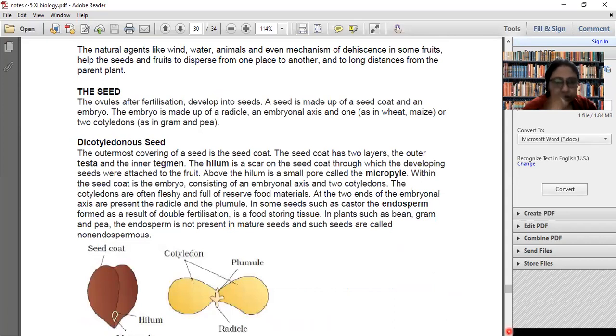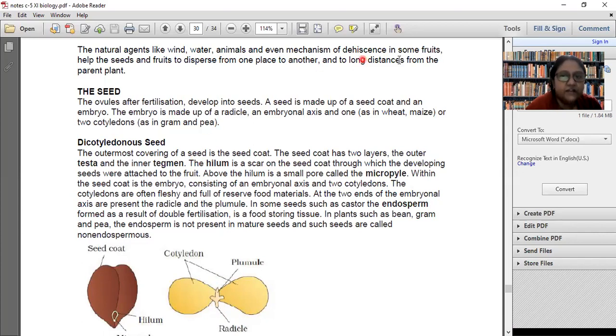So after learning about the fruit, we will talk about the seed. Okay, because inside the fruit, the life is present inside the seed. So inside the seed, what is there?